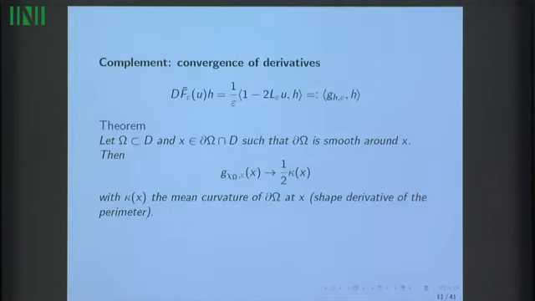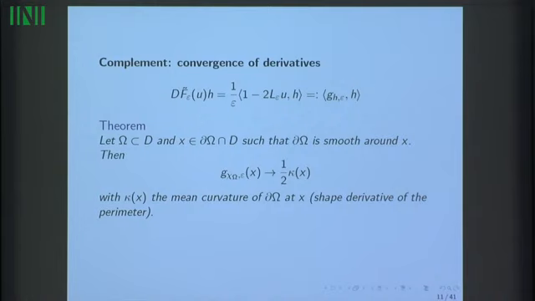Now, I may add a small complement. Gamma convergence, in theory, addresses the convergence of global minimizers. And the problem is non-convex, so in practice we hardly find global minimizers. So we find local minimizers, so what can we do about local minimizers? What we have been able to do is the following.